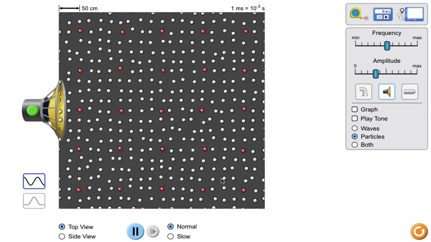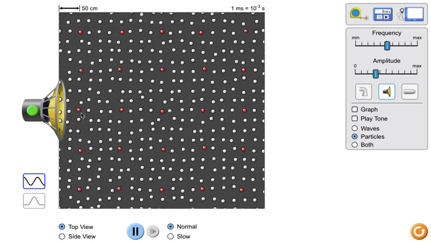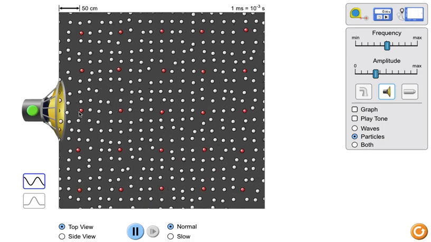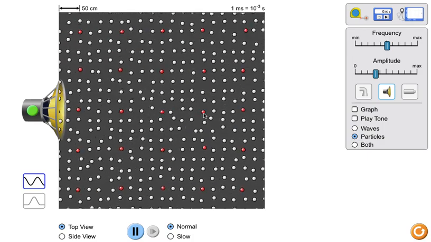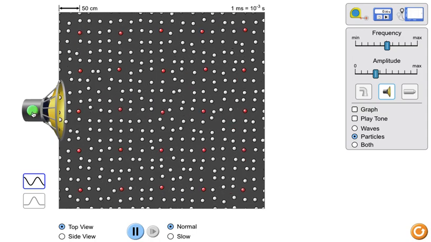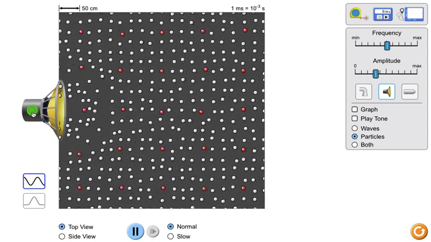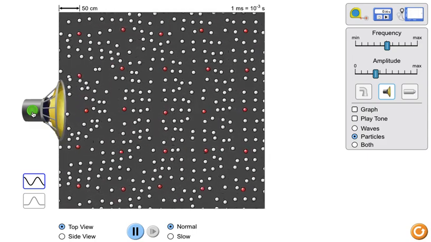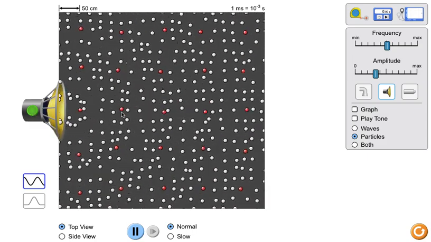So the medium that a sound wave travels through is the air. So nitrogen and oxygen and all that stuff. These little red ones are just so you can try to follow one little air molecule. So what I'm going to do is I'm going to turn this on. And I want you to follow one, maybe that one right there.